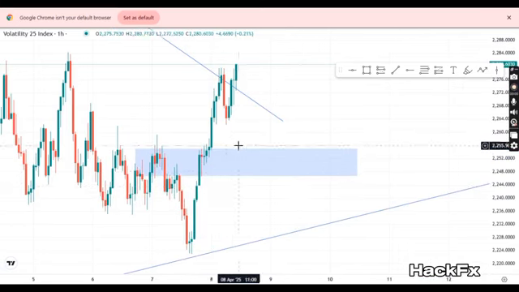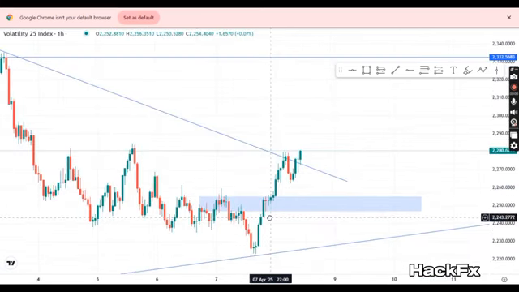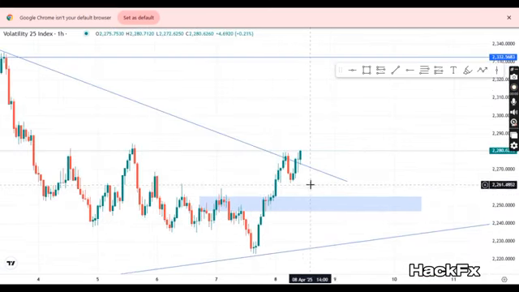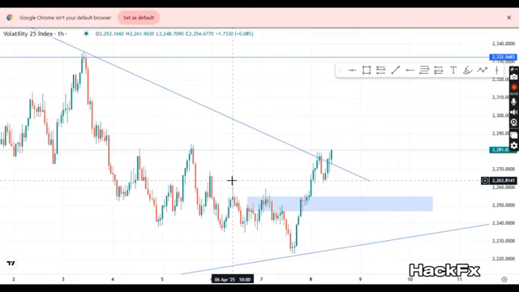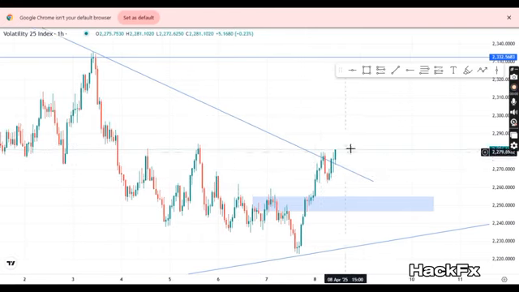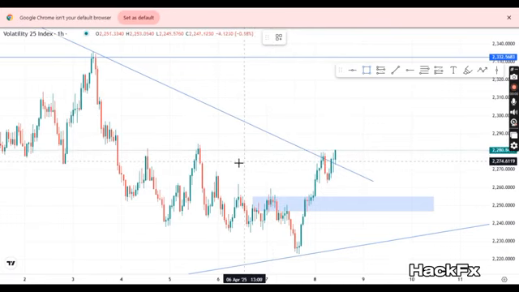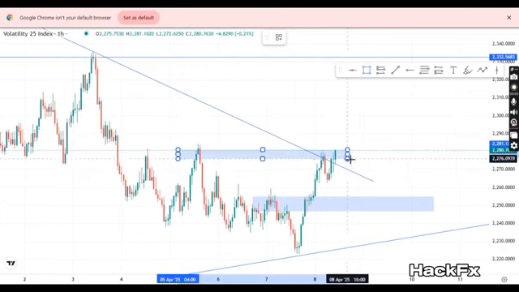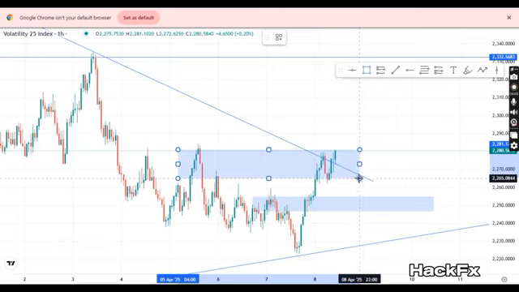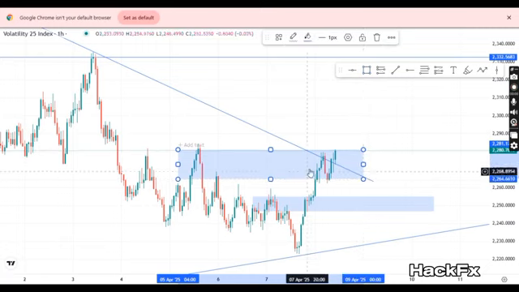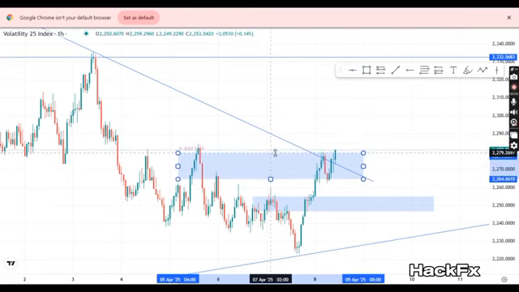So let's wait for price to come back here, and if price doesn't come back here, that's up to it. Now you can see here also it's forming a cluster. It has formed a cluster here, from the cluster at this supply zone. So he wants to turn this supply zone now to demand zone, because a supply zone can be turned into a demand zone, and a demand zone can be turned into a supply zone.